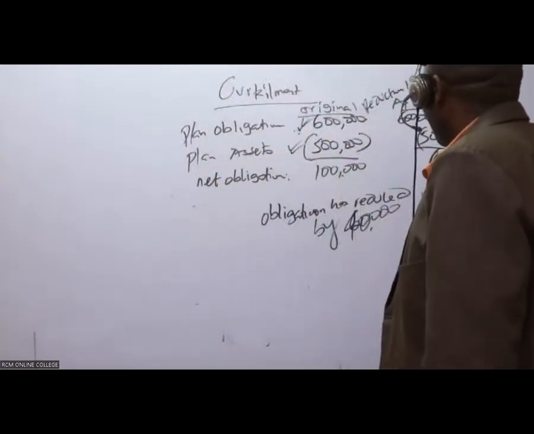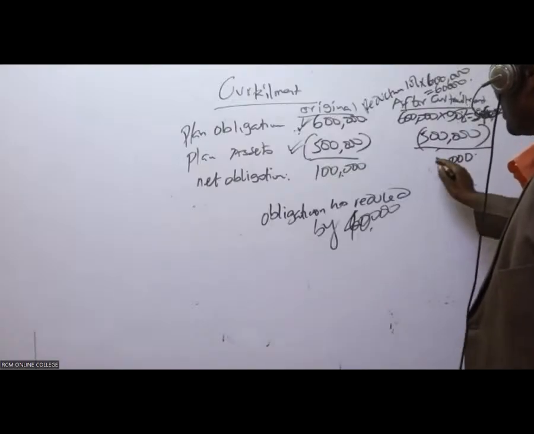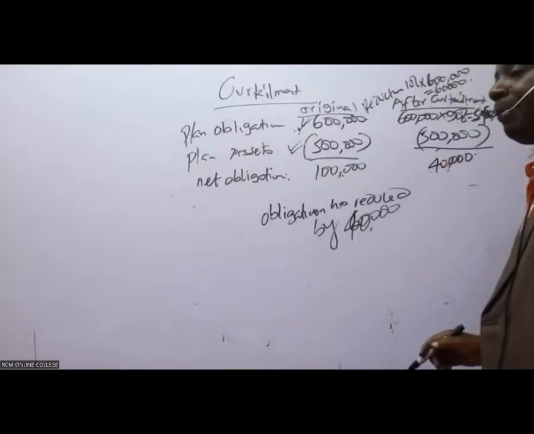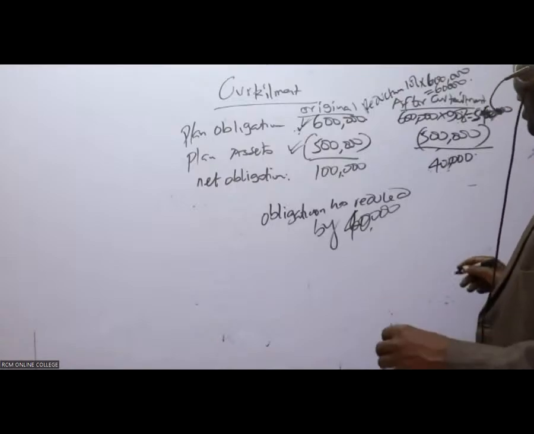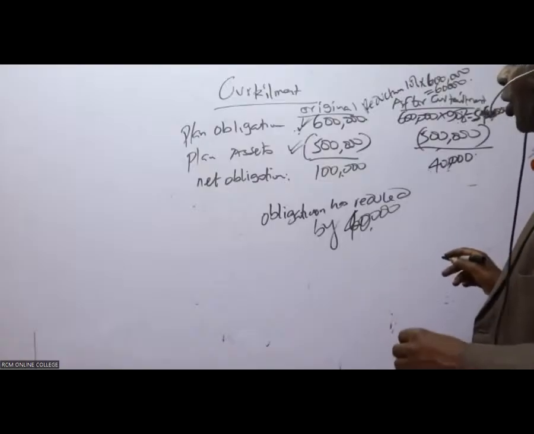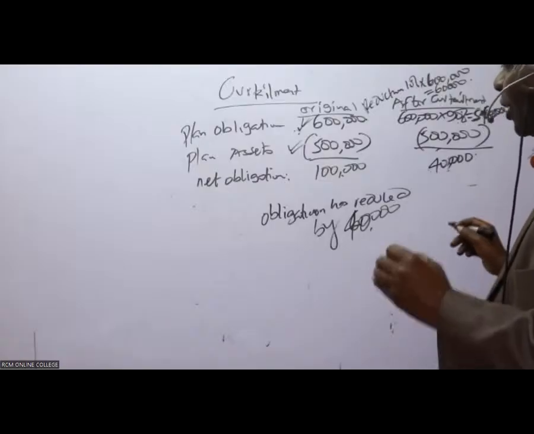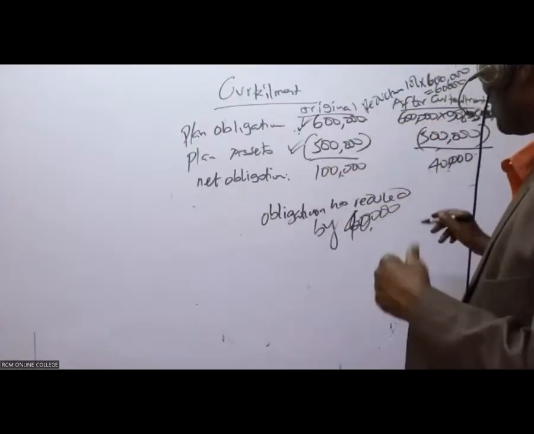Therefore, ladies and gentlemen, which is part of learning anyway, in this case we can see 40,000 like that. So then the obligation has reduced by how much? You can see the net, initially it was 100,000. After curtailment, now it's 40,000.